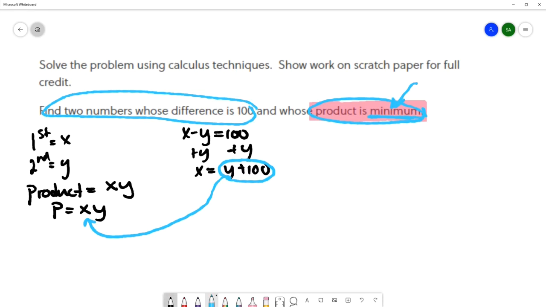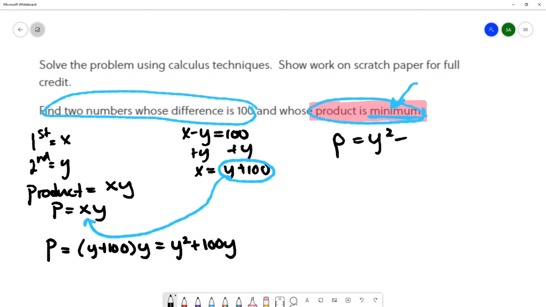So once we make that substitution, we're going to have (y plus 100) times y, and we can simplify that to y squared plus 100y. So now we have an equation with only one variable, p equals y squared plus 100y, and we're going to do our calculus techniques on this.